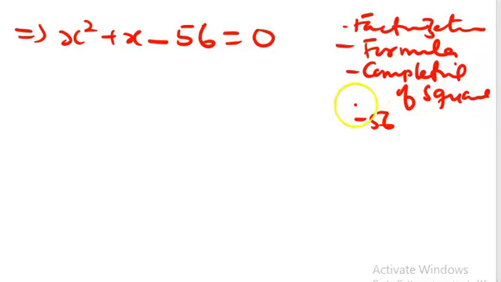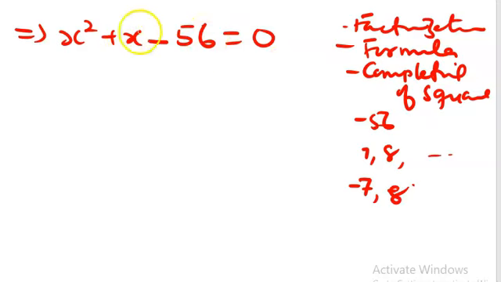Looking at the factors of 56, you can have 7 and 8. Since the middle coefficient is positive, we can choose minus 7 and positive 8. Minus 7 plus 8 will give us 1, and minus 7 times 8 will give us minus 56.